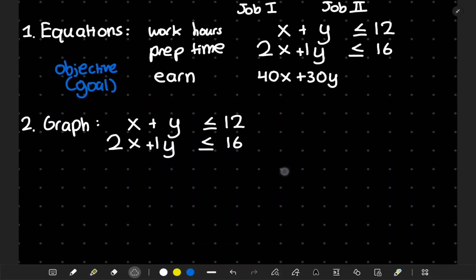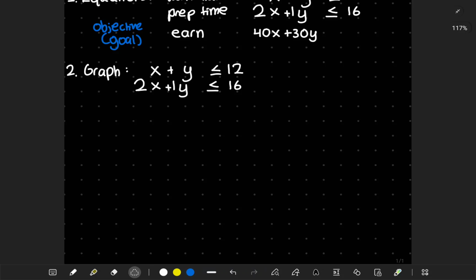How are we going to graph this? I'm just going to graph here, kind of an XY graph, kind of like this. It doesn't have to be perfect. It just needs to be a good representation of both.